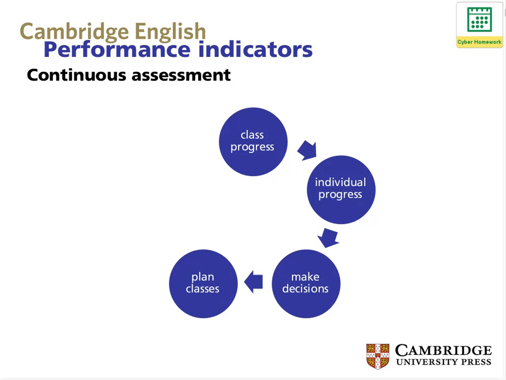You may want to add more information. You may want to practice and recycle more. You may want to stop from moving further in the program, and you may just want to have students practicing a little bit more. Maybe your class needs more training. Maybe your class needs more communicative activities.